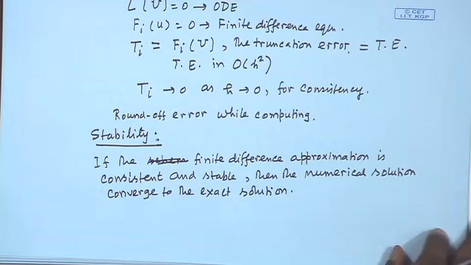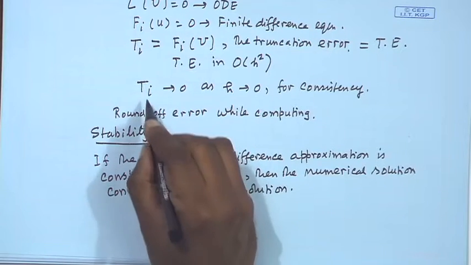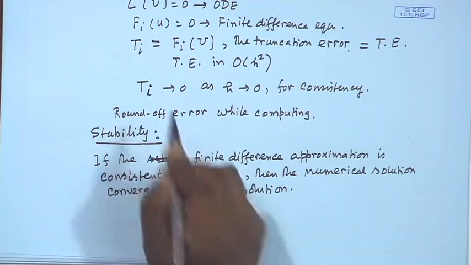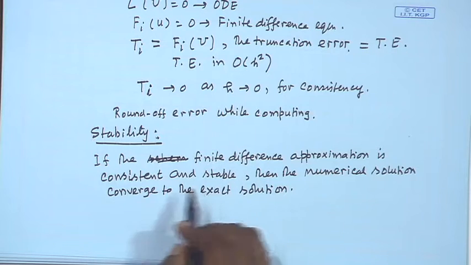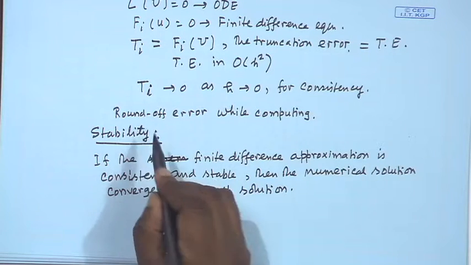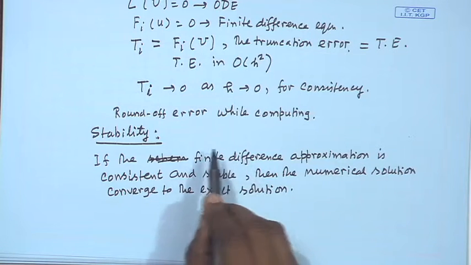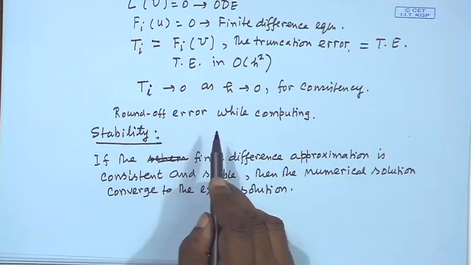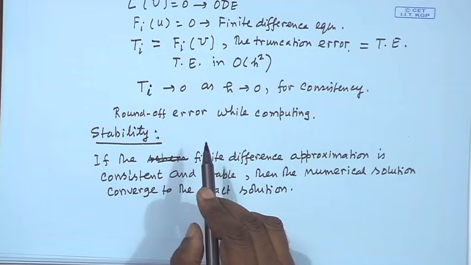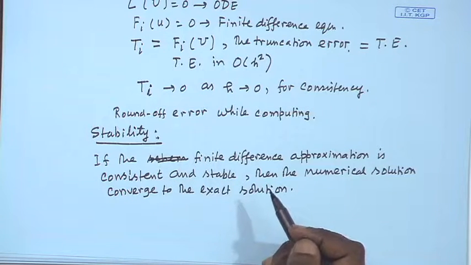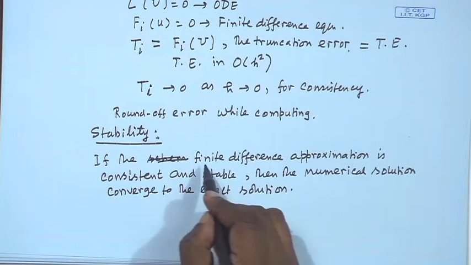Here the stability, particularly for this kind of direct method, whatever we have considered, because here we are not repeating the process, is not a very big issue, in the sense that here the number of computations is limited, a finite number of steps occurring.